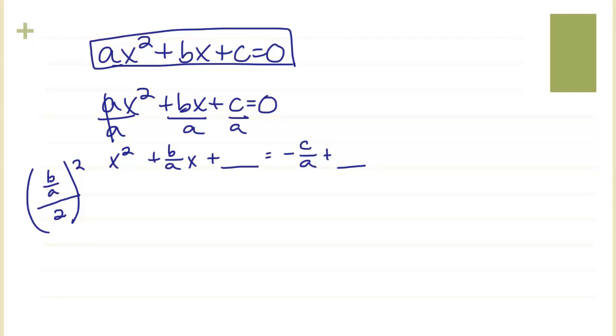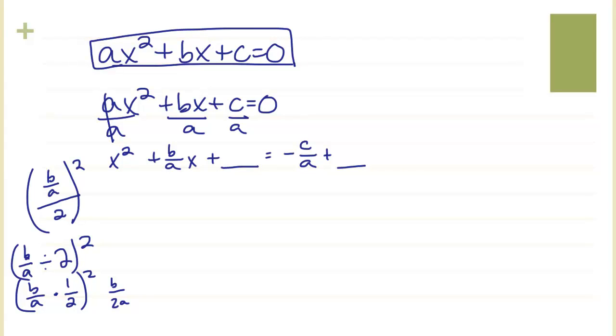Well, how do I deal with a fraction and a fraction? Well, it's b over a divided by 2, which is b over a times 1 over 2, squared. So it ends up as b over 2a.